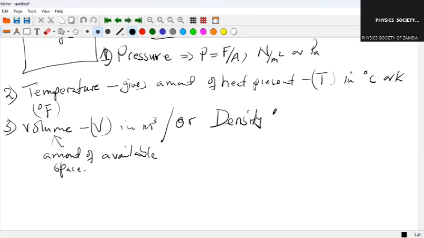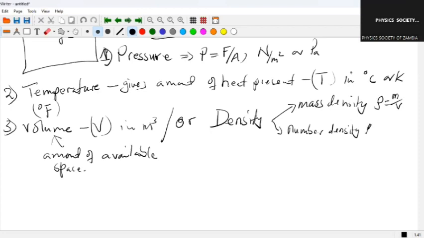Density, on the other hand, can either be the mass density, for which we use the rho, and we know this is given by the mass over volume, or it could be the number density, for which we are going to use the symbol capital N, which is equal to the number of particles over the volume.